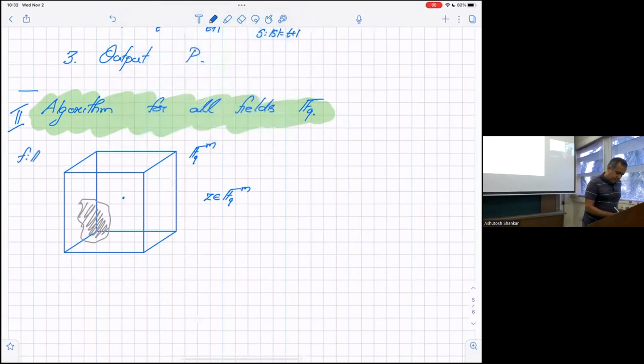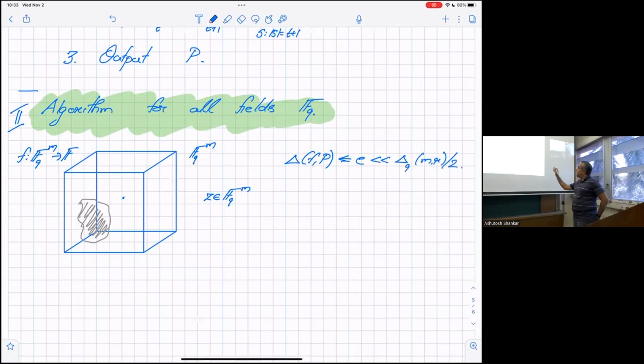This is our F. And the delta of F and P is less than or equal to E, which is significantly smaller than delta of Q^M by P. We will find out what that significantly smaller is. It's something, and the places where they differ are exactly those erroneous locations.